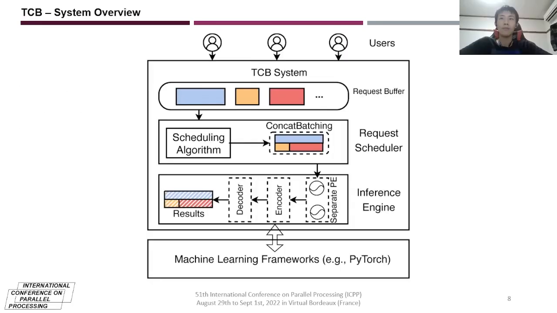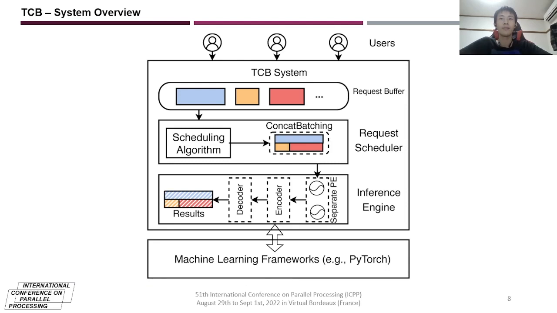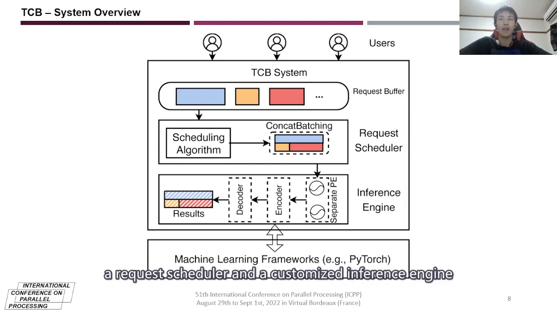This is our system overview. It receives inference requests, usually in the form of sentences, from user applications and processes them using two core modules: a request scheduler and a customized inference engine. Each request contains a sentence to be processed, associated with an arrival time and a desired response deadline.